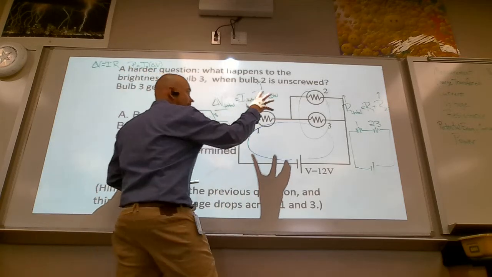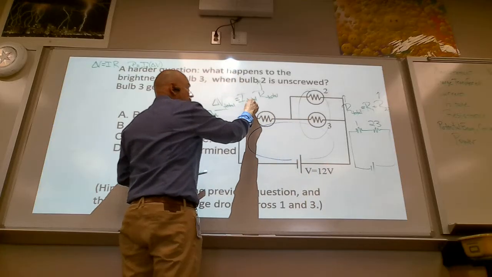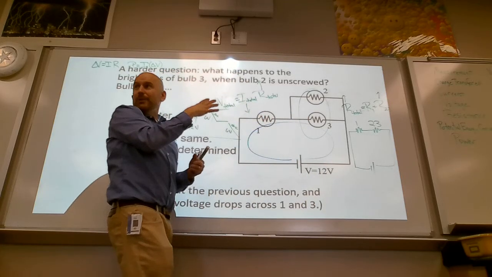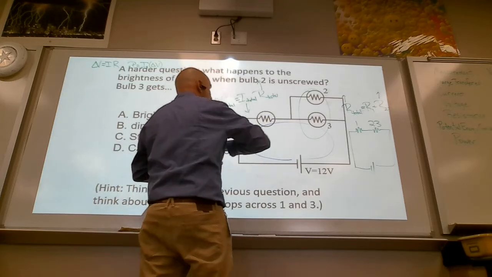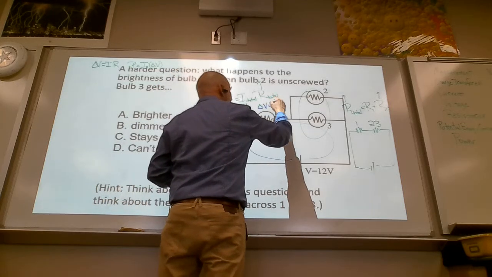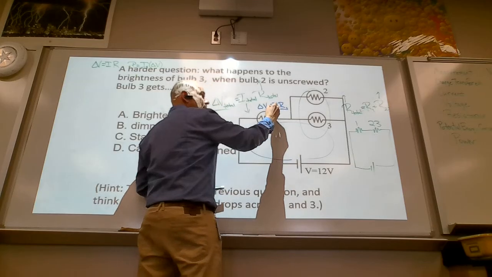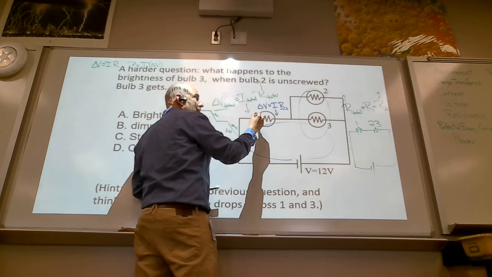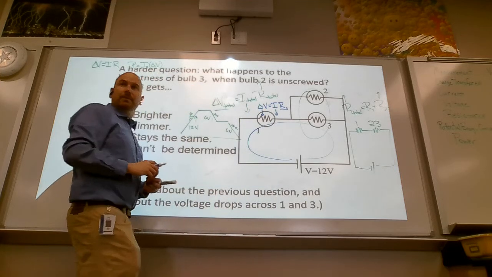When I pull out this one, the total current decreases, as we concluded from the last question. Okay? So looking at this, the resistance of 1 did not change. The current through 1 did change. The voltage drop across 1 also decreased.